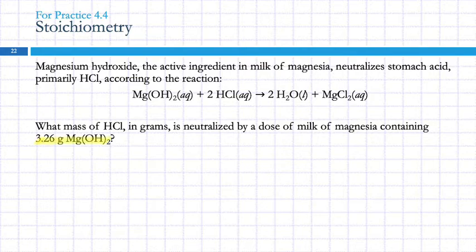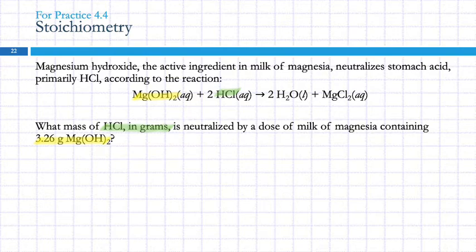So they're giving me a mass of Mg(OH)2, and they're asking me for HCl in grams. Now, it's not saying how much HCl is produced, but how much HCl this amount will react with.